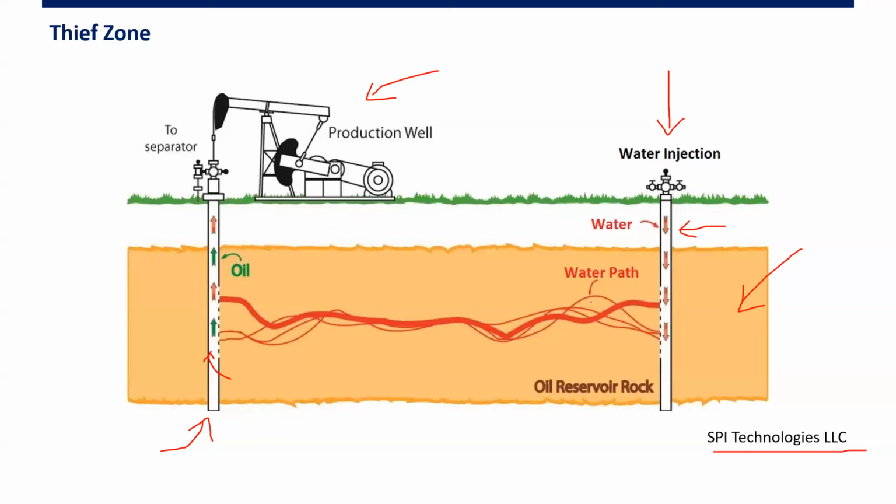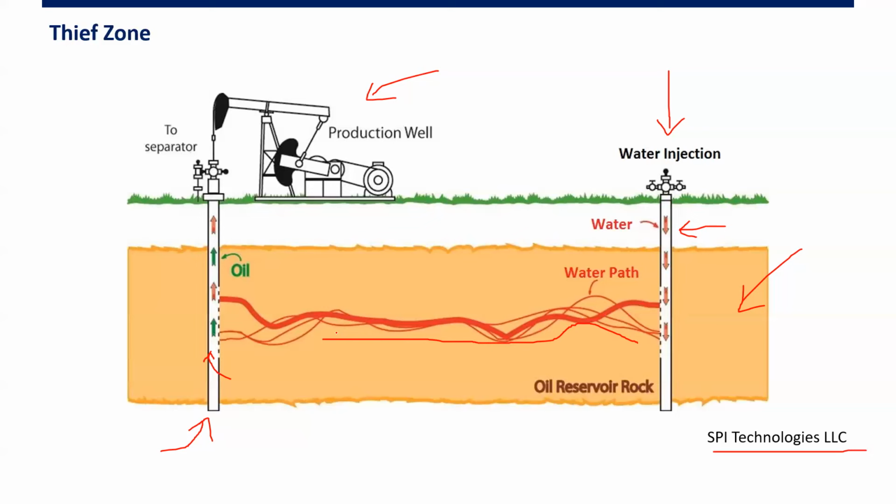It becomes thief zone because it has higher or highest permeability compared to the other reservoir rock surrounding it, okay? And this has the least resistance to the water flow. So if you inject water through your injector, of course, the water will prefer to flow across this water path, this channel, or this high permeability streak, or this thief zone, because it provides the least resistance to flow.